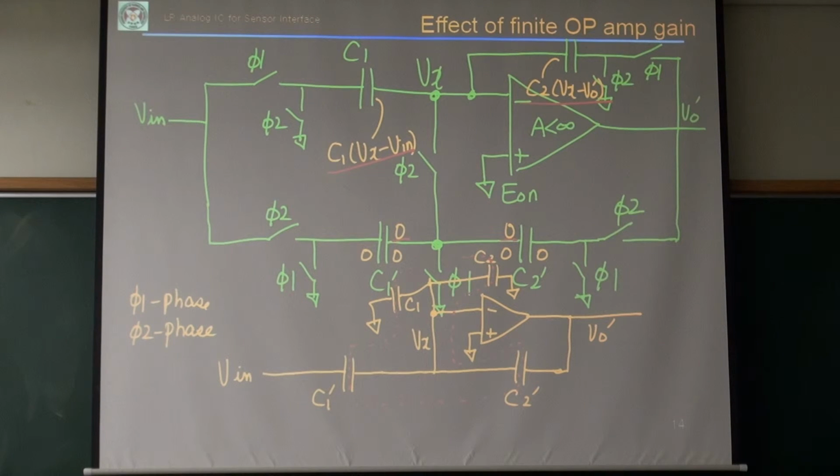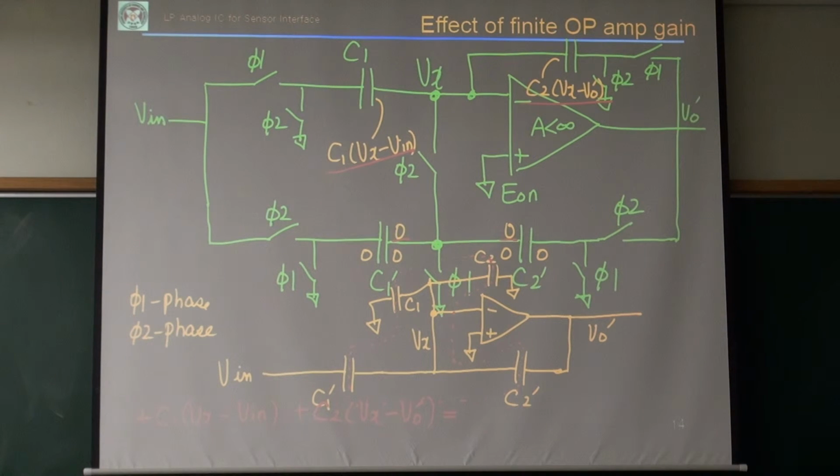Okay, so my sum of charge is C1 (Vx minus V in) plus C2 (Vx minus Vo prime), equal to, at the end of phase 2, what happens?